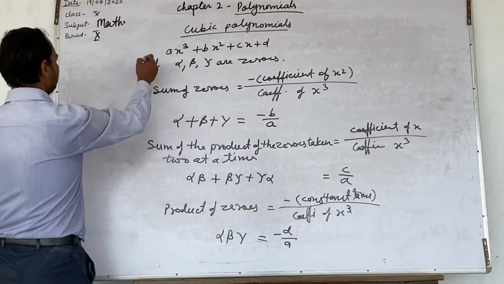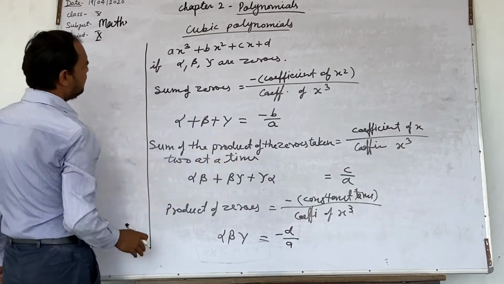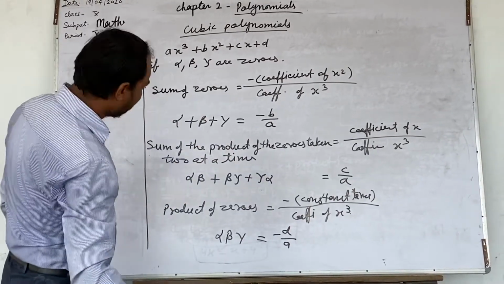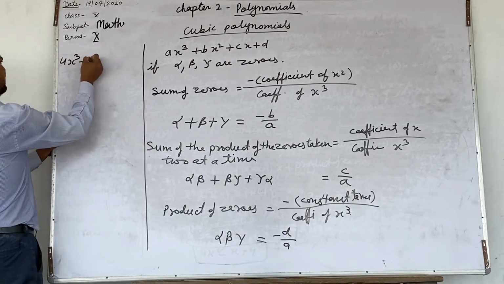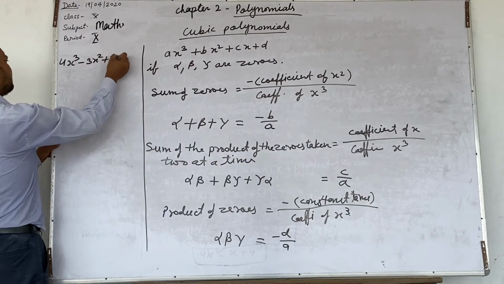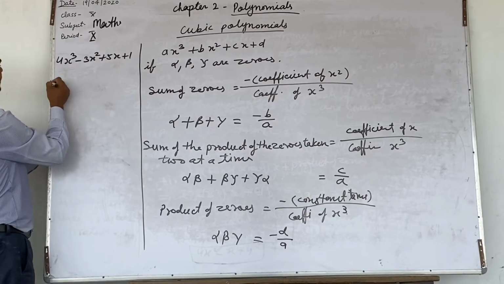Now let us take one example for this. We try to do it roughly. Now we can write here 4x cube minus 3x square plus 5x plus 1. The first thing, sum of zeros.